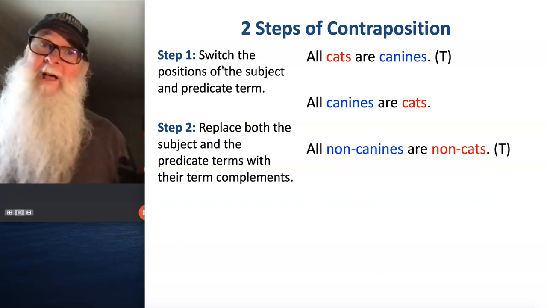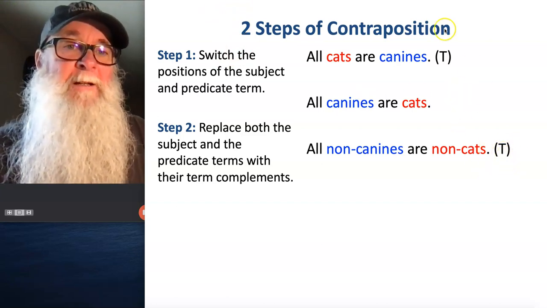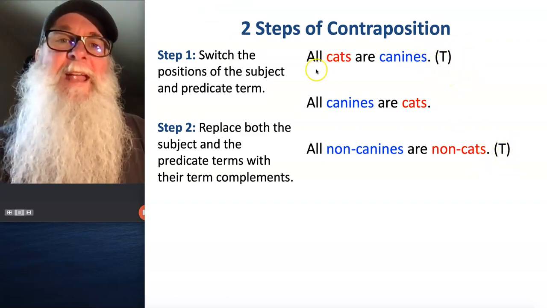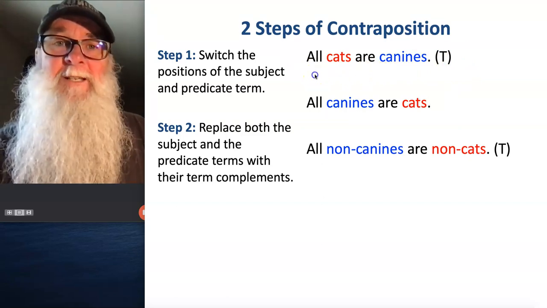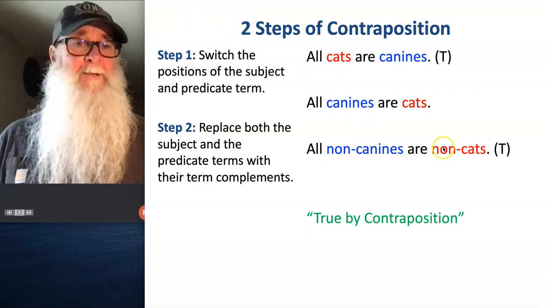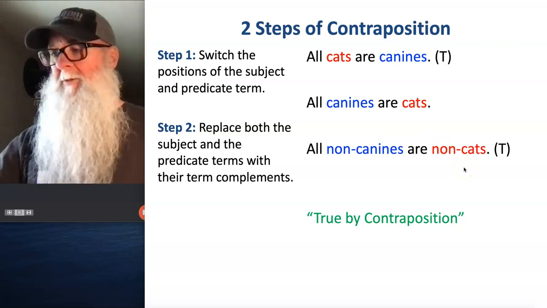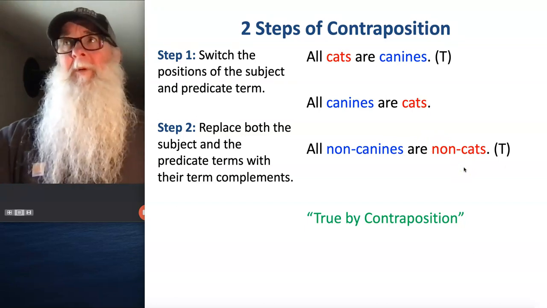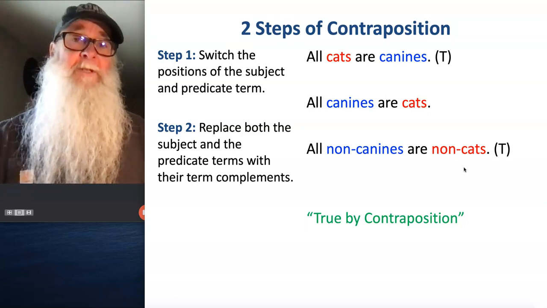And now we have a contraposed A statement that will have to be true because the original statement was true and the original statement was an A statement, and we can apply contraposition to A statements. Okay, so we'd say the resulting statement, all non-canines are non-cats, is true by contraposition. Right? And again, by saying by contraposition, we're providing proof that our claim that this new statement we've offered is true.